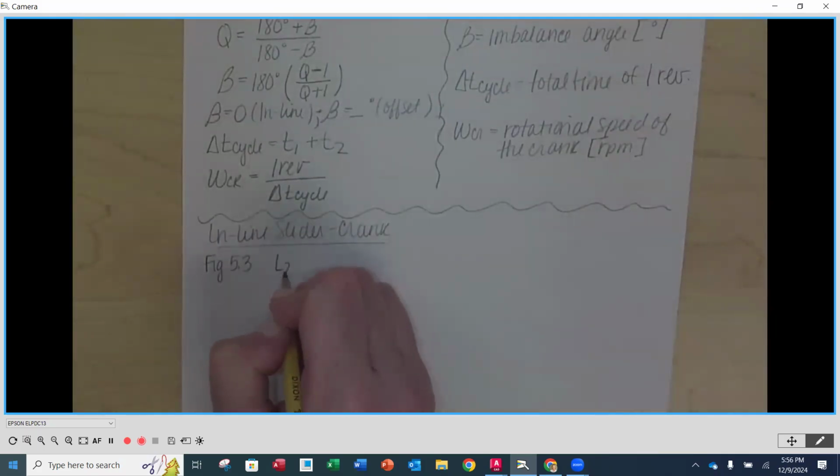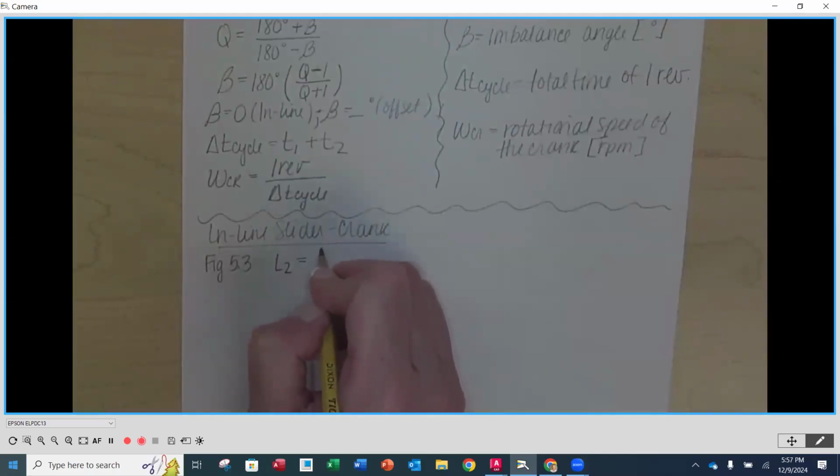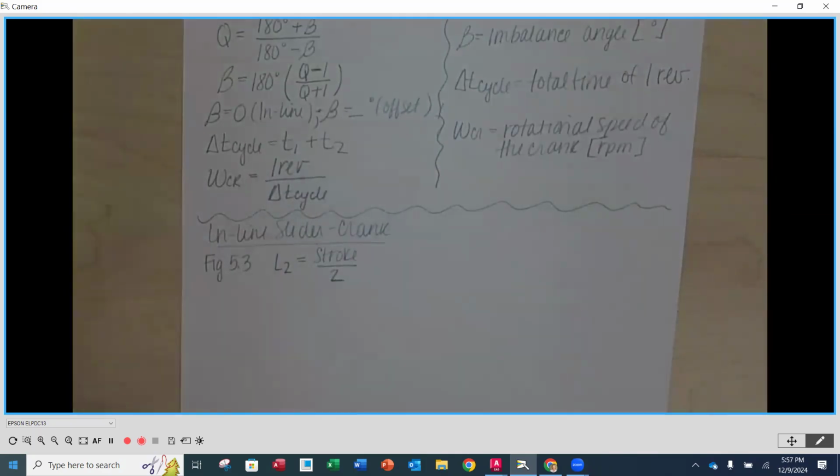We know that L2 is going to be equal to the stroke divided by 2. They use delta capital R for the stroke. I don't know why. I don't like it, so I always write out stroke. It's just their variable.